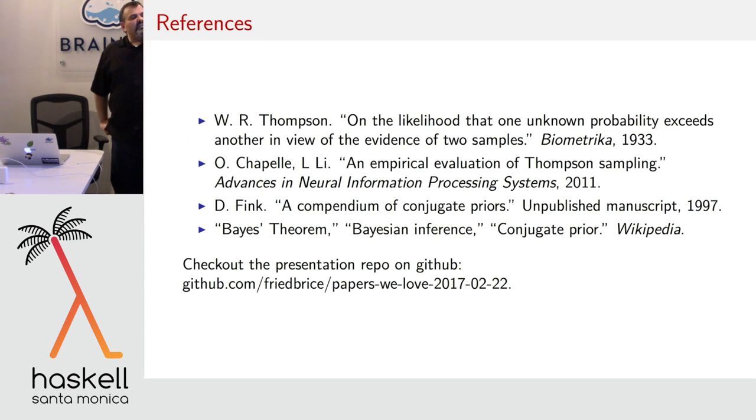And the inspiration for the bandit solver mostly comes from this paper right here from a couple of researchers that work at Yahoo. And all the code and the presentation are available on GitHub.